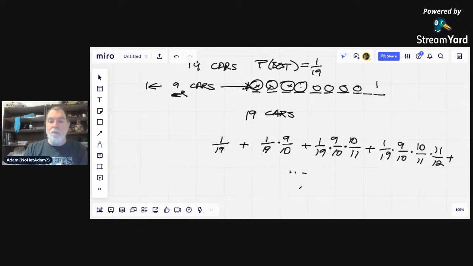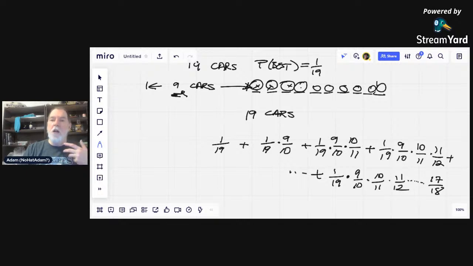Okay? And then finally, you're at the last car. What if the last car is the best one? Okay, well, chances are of that is 1 in 19, but you would have to reject all of these. 9 tenths times 10 elevenths times 11 twelfths, all the way up to 17 18ths, because this would have to be no better than any of these.